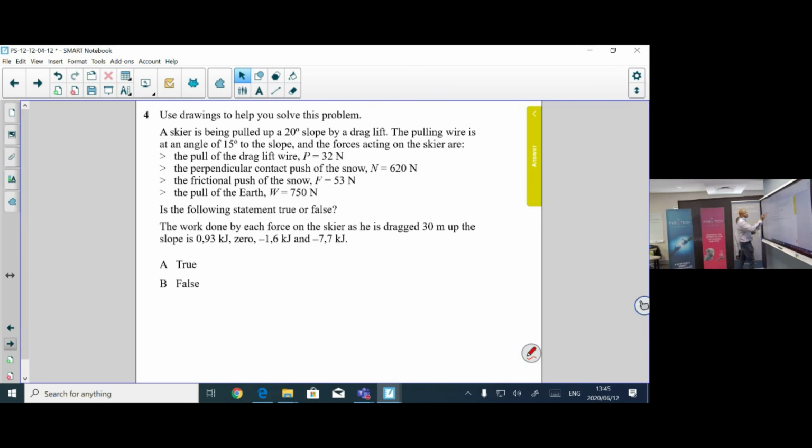If you have 0, make sure your theta is equal to 90, and calculate and see if you are going to get the work done of 0. And the other one is the frictional push. You have to calculate all of them until you get this answer. If you can't get this, you say it is false, or you can say it is true.